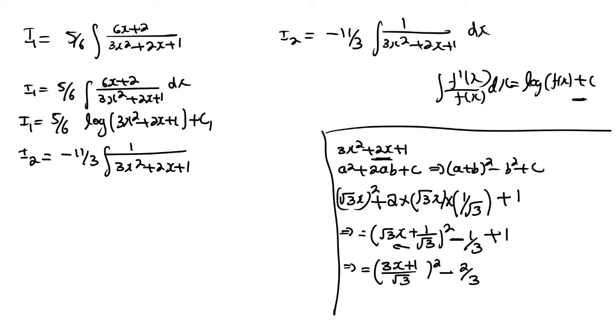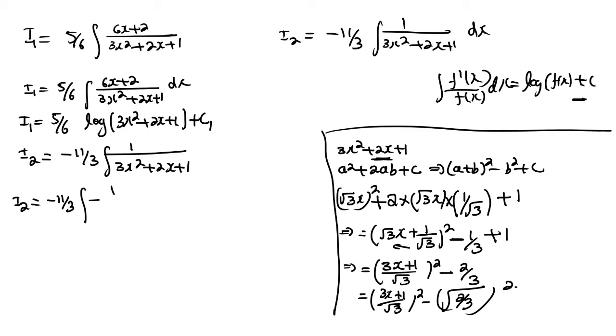So later you can write it as 3x plus 1 divided by root 3 whole square minus root of 2 by 3 whole square. Okay, now substitute here. So I2 value is equal to minus 11 by 3 into integration of 1 by 3x plus 1 by root 3 whole square minus root of 2 by 3 whole square into dx.